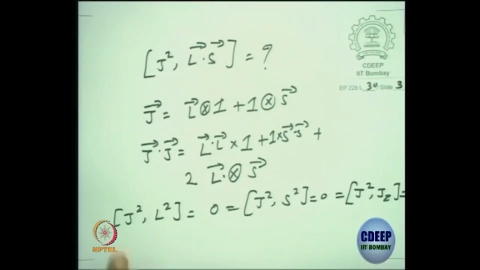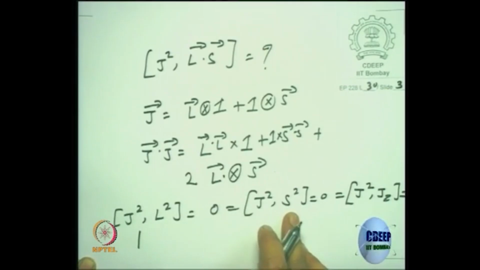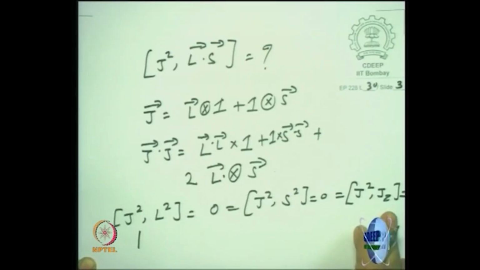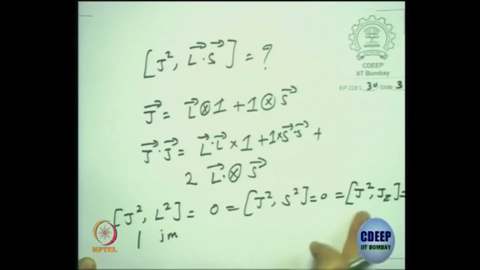So this gives you one compatible set. Can I denote that compatible set neatly? I can denote it. I don't need a magnetic quantum number of L and S, but I need a magnetic quantum number of the total J. So I will write J, m. m is the total magnetic quantum number, and then you can have an L and S. You can denote something like this.